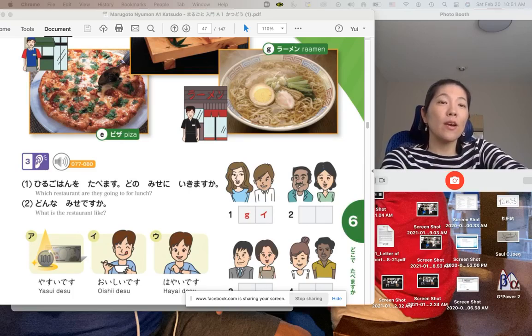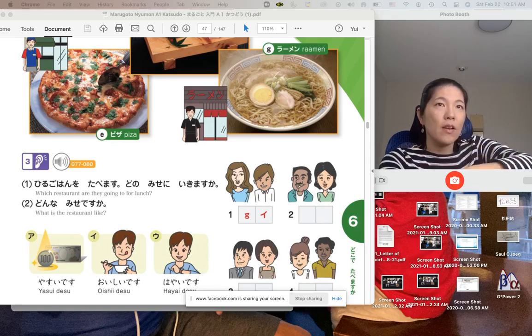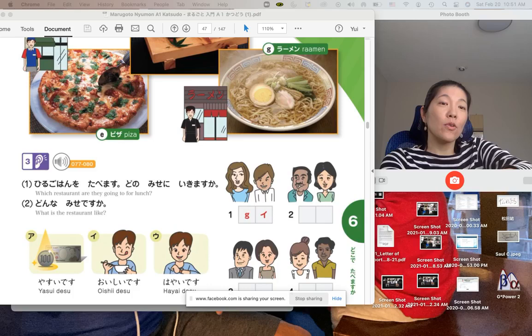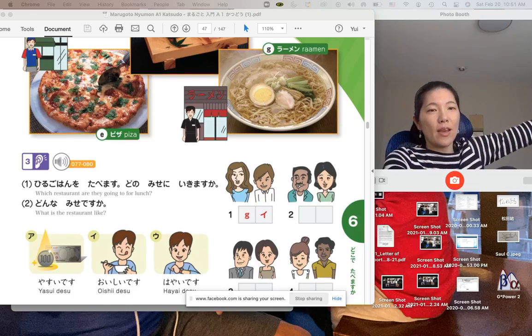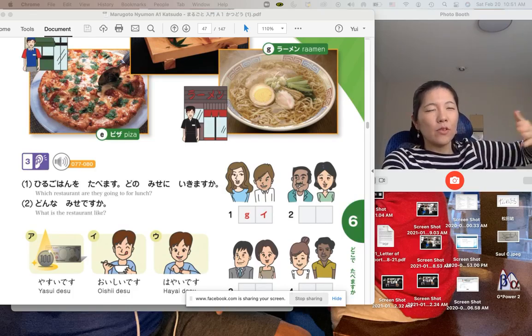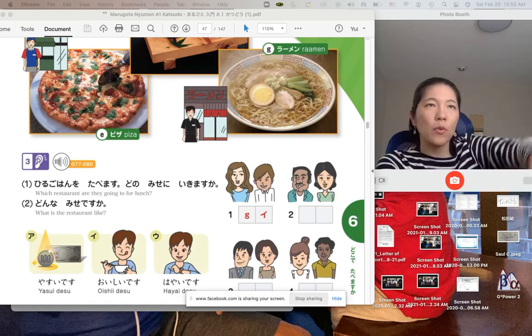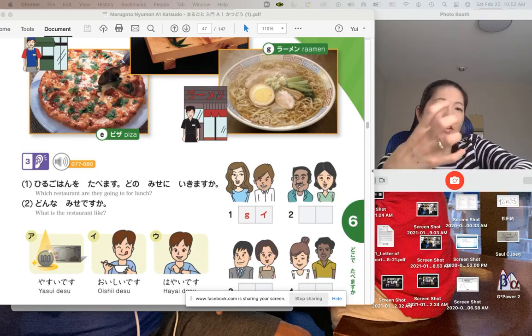So where are we eating lunch today? あの店で食べましょう。So, that restaurant. Let's eat at that restaurant. あの店 means he's pointing out, or at least you can see it in some way. It could be a little far, but you can point. あの is when it's a little far, but you can see.